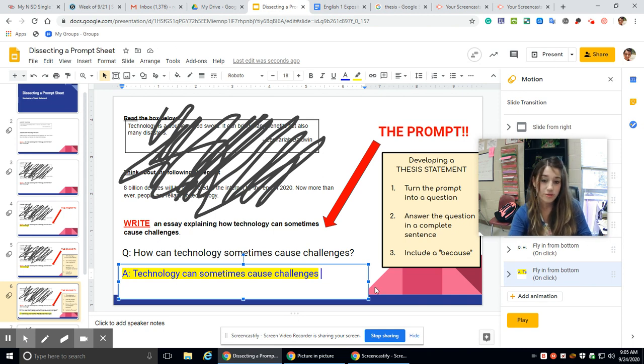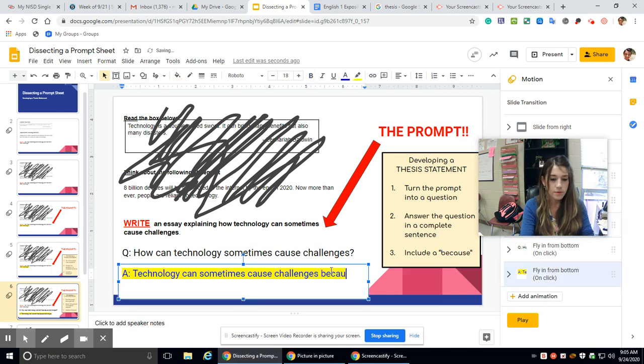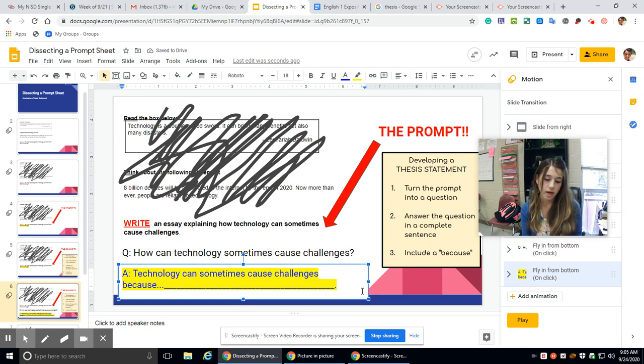Then I'm going to look at my third step, and it tells me to include the word because in my thesis. Technology can sometimes cause challenges, because, that'd be a good place for it. And now I have to do some thinking because I'm going to have to fill in whatever the rest of my answer is going to be. Technology can sometimes cause challenges for us because, insert the rest of your sentence.